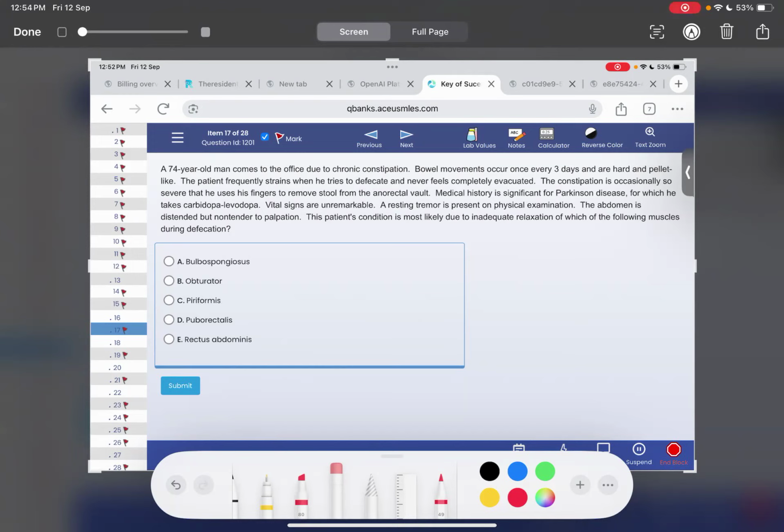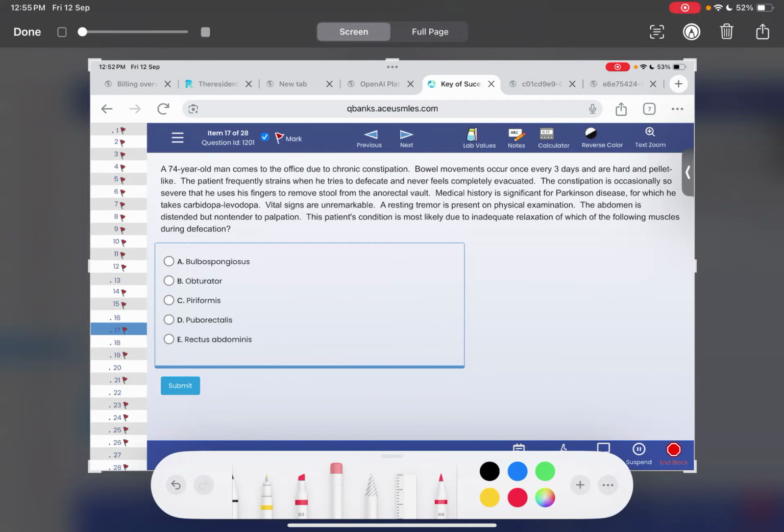Medical history is significant for Parkinson disease, for which he takes carbidopa-levodopa. Vital signs are unremarkable. A resting tremor is present on physical examination. The abdomen is distended but non-tender to palpation. This patient's condition is most likely due to inadequate relaxation of which of the following muscles during defecation?